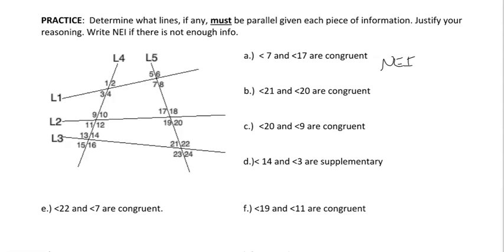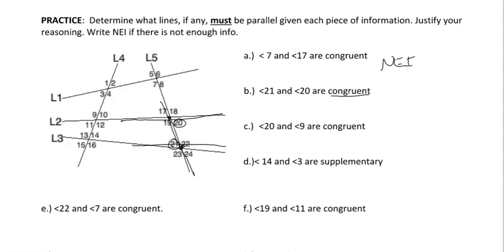21 and 20. Here is 21, here is 20. That's this intersection and this intersection, which is talking about that line and this line, and here's the transversal. Ignore everything else. These are alternate interior angles. What do we know about alternate interior angles? They should be congruent.